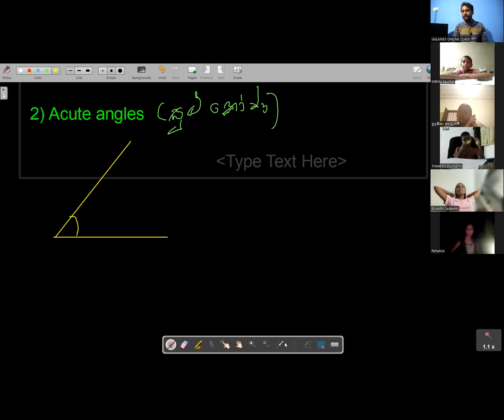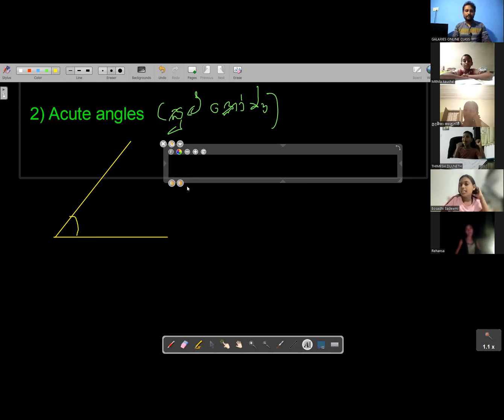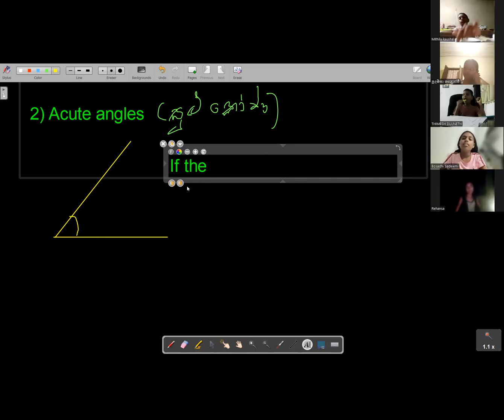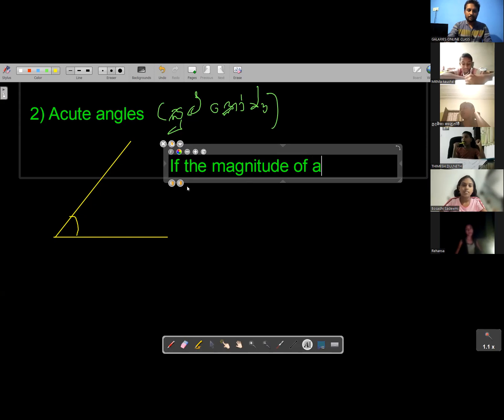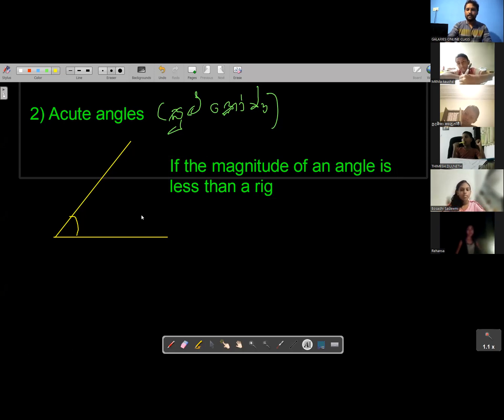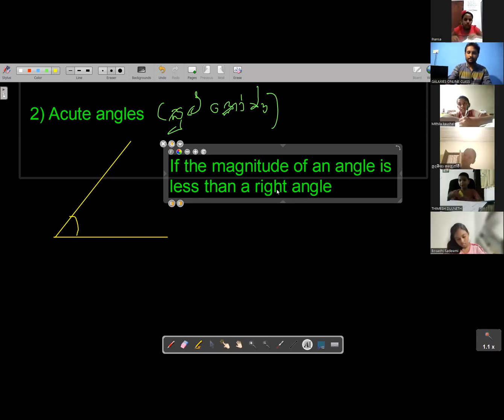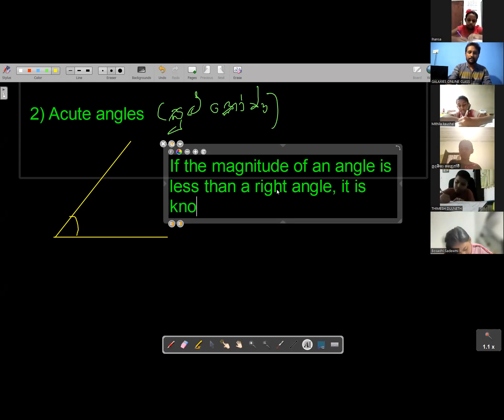Write down the description of the acute angle: if the magnitude of an angle is less than a right angle, it is known as an acute angle.